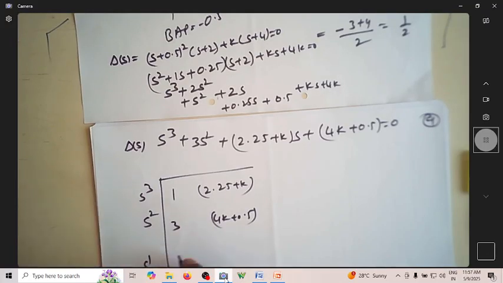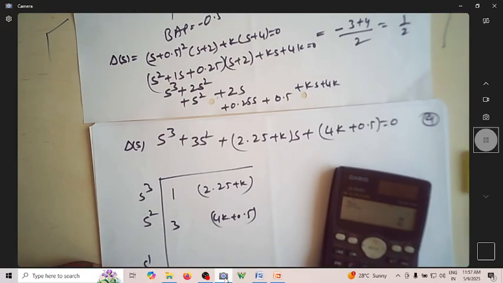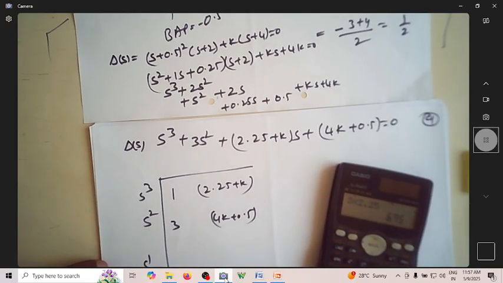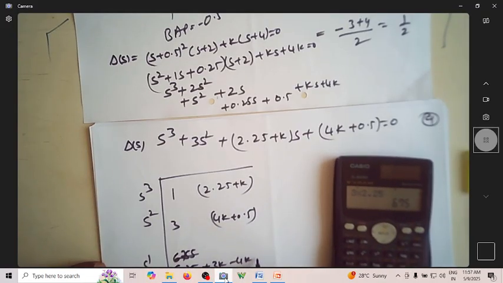S power 1 will be 3 into 2.25, which is 6.75, plus 3K minus 4K, minus 0.5, divided by 3, comma 0. Then s power 0 is 4K plus 0.5.